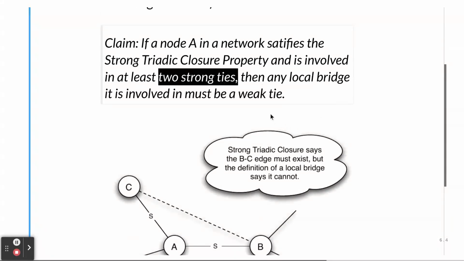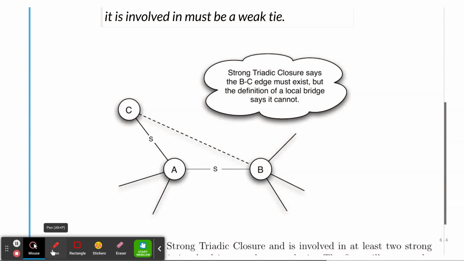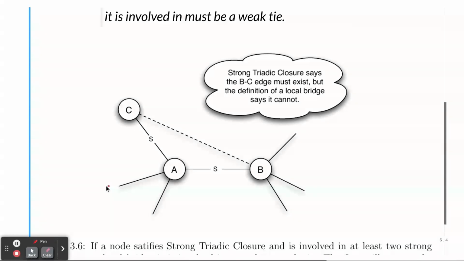So suppose that A and B form some sort of local bridge, and A satisfies strong triadic closure, meaning that if there are strong connections between A and, let's label these, D and E, if these are strong here, triadic closure would require that these edges all exist.